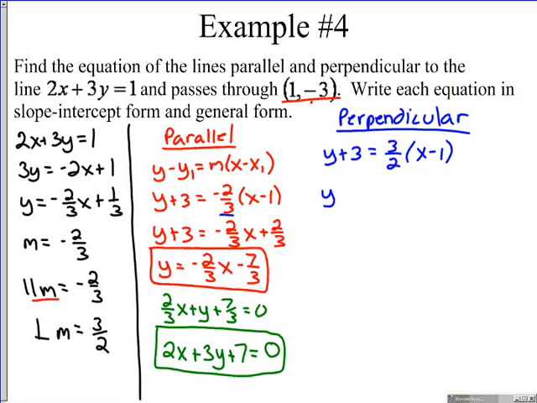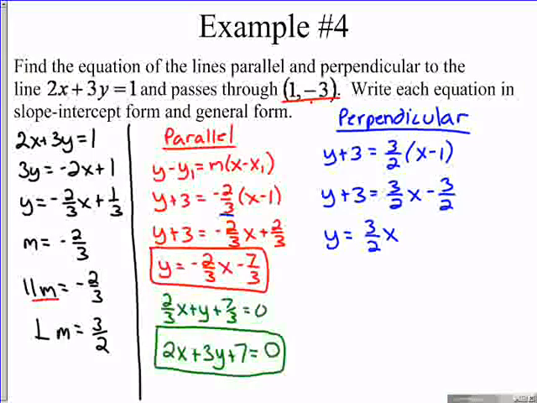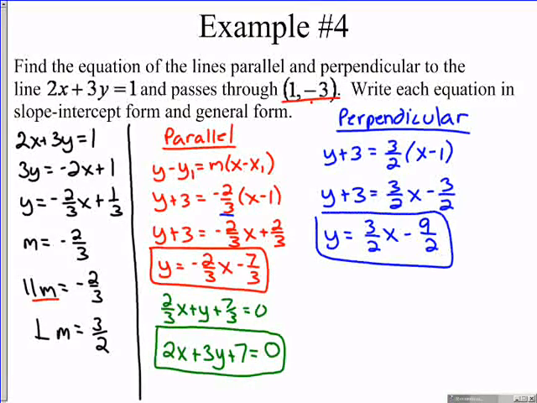Distribute the slope through. Subtract the 3 over. Y equals 3/2 x. We need to take negative 3/2 minus 3 is negative 9/2. There is slope-intercept form.